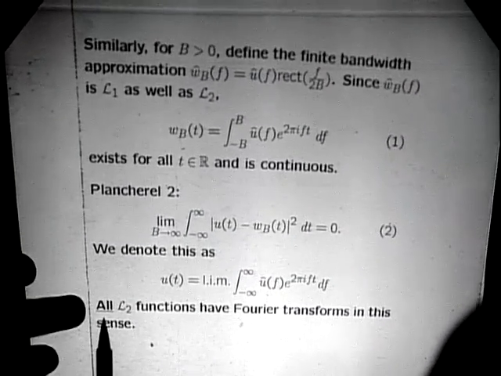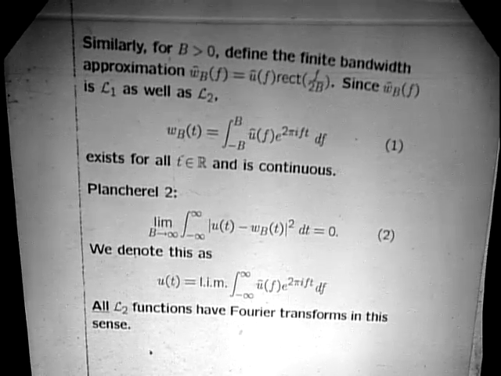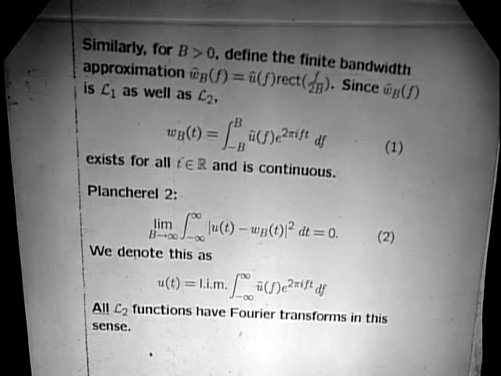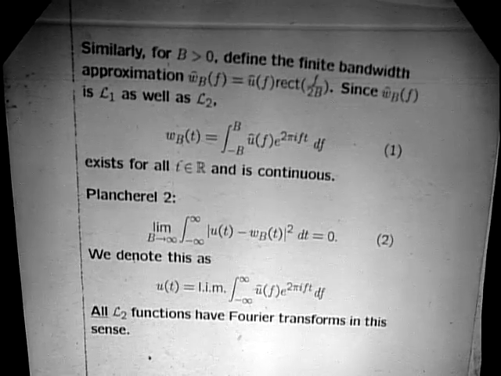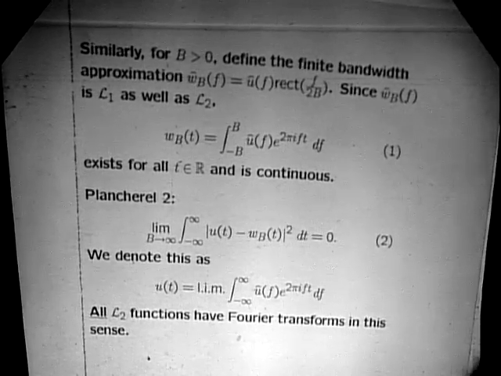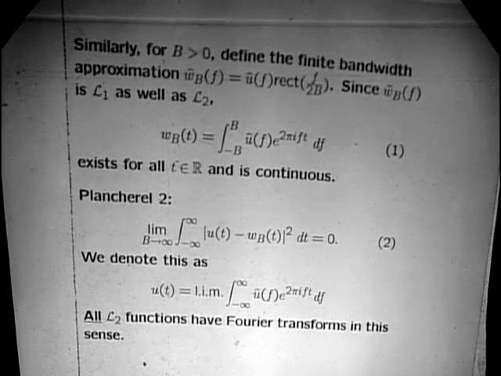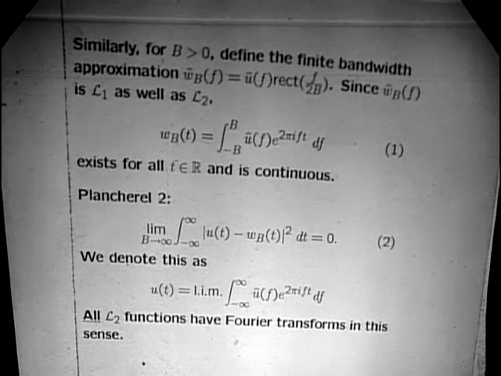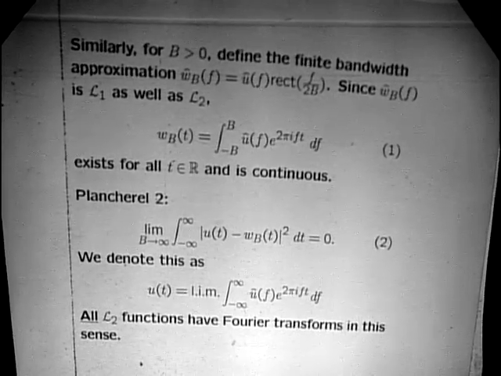Now, this says that all L2 functions have Fourier transforms in this very nice sense. Okay, in other words, at this point, you don't have to worry about continuity. You don't have to worry about how fast things drop off. You don't have to worry about anything. So long as you have finite energy functions, this beautiful result always holds true.